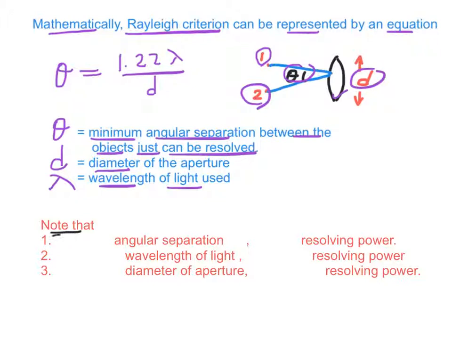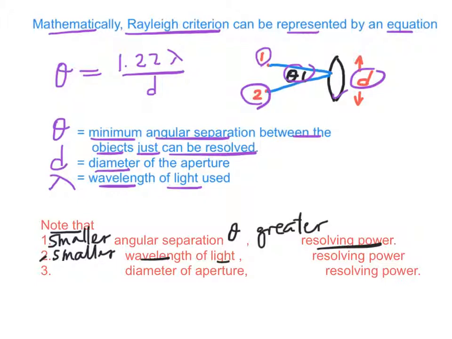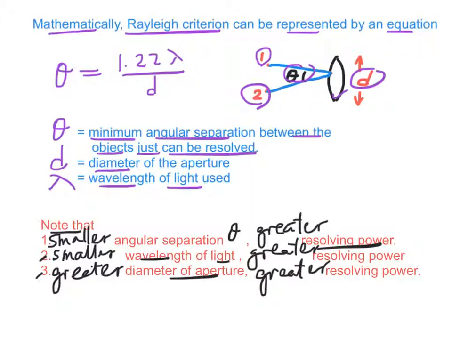Note that the smaller the angular separation theta, the greater the resolving power. Also, the smaller the wavelength of the light, the greater the resolving power. And the greater the diameter of the aperture, the greater the resolving power.